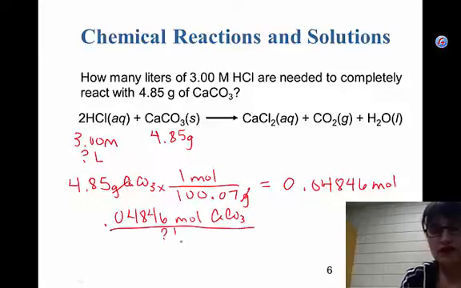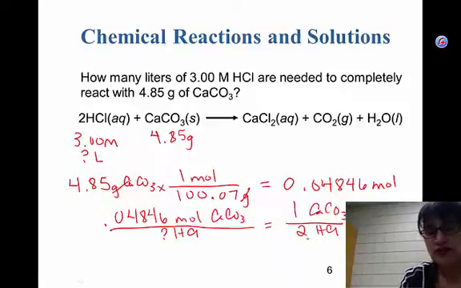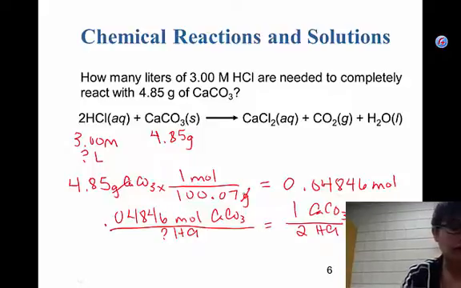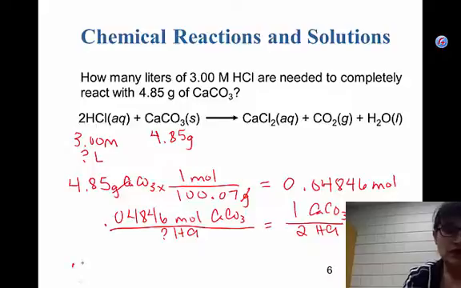I want to find HCl. CaCO3 is a 1 in my balanced equation, and HCl is a 2. So I'm going to cross multiply and then divide. So that leaves me with 0.0969 moles of HCl.